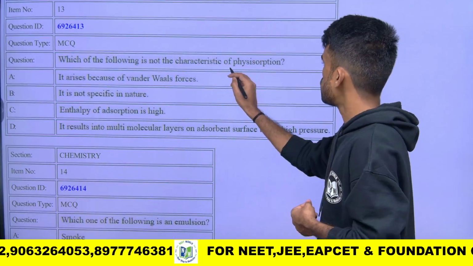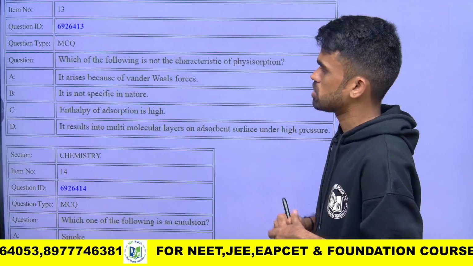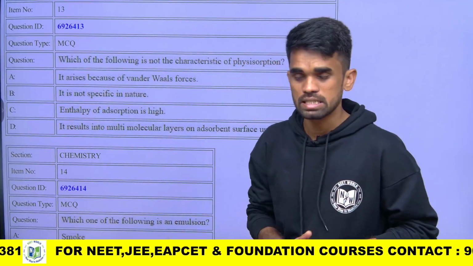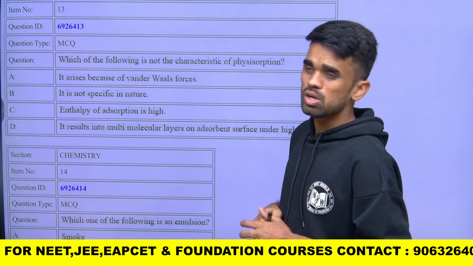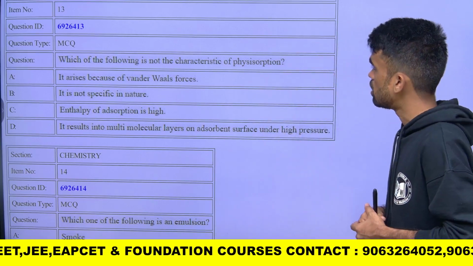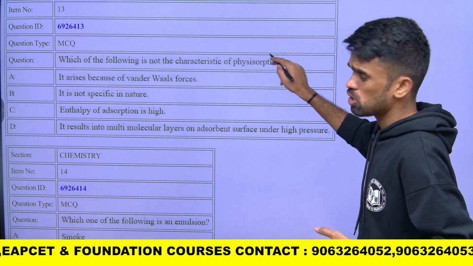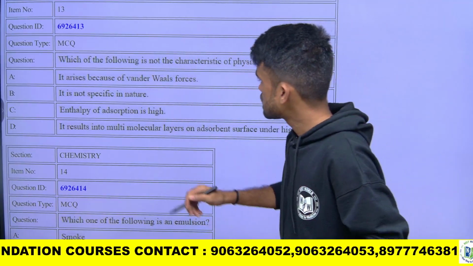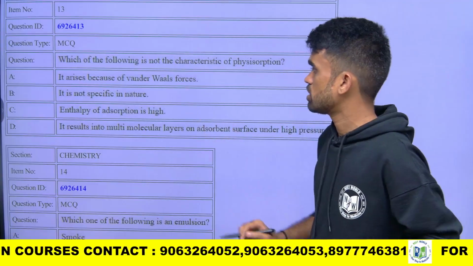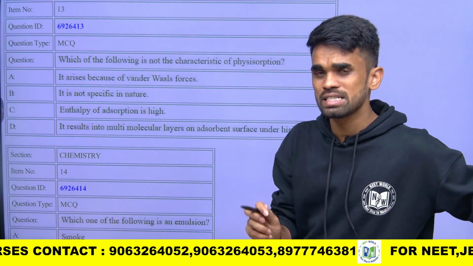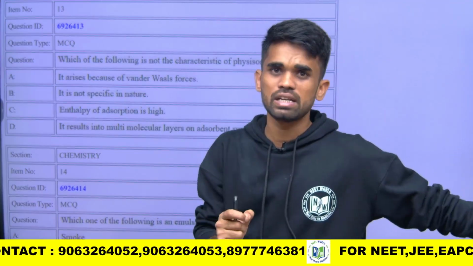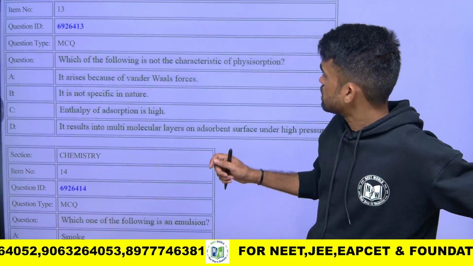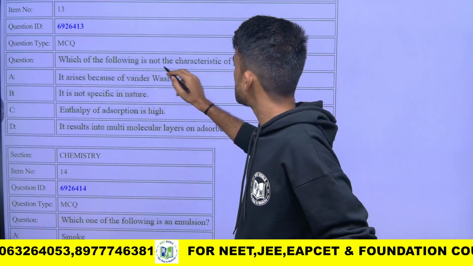So what about physisorption here? It is a physical process. It arises because of van der Waals forces. Next, it is not specific in nature. Yes, physisorption is not specific in nature, whereas chemisorption is specific in nature. Now they are asking which is not a characteristic property.